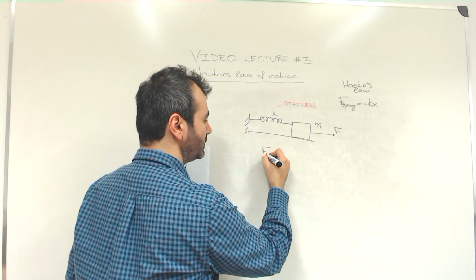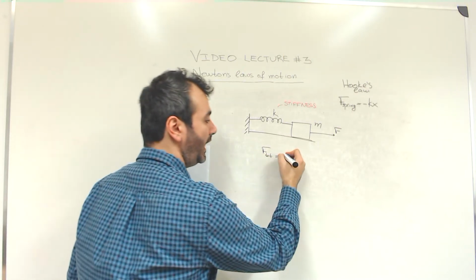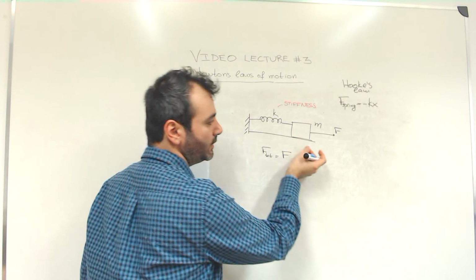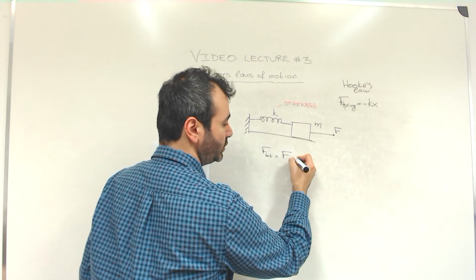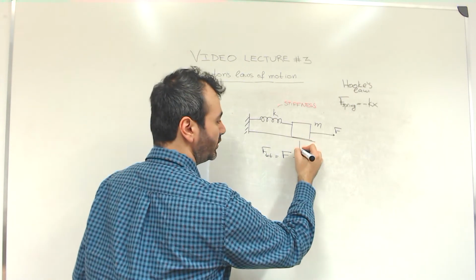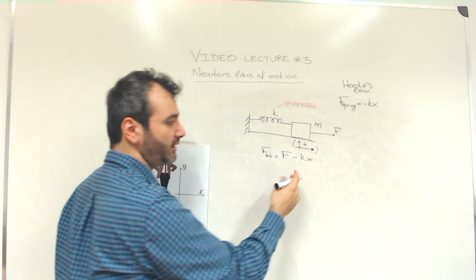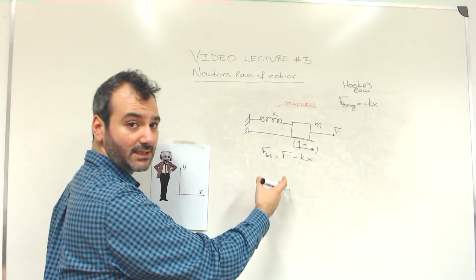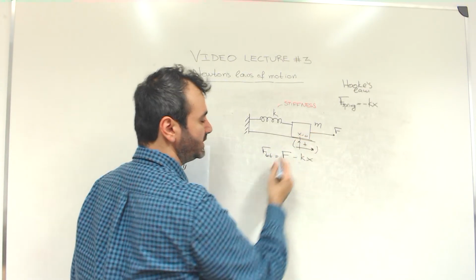The total force will be what? It will be our force, which makes the object move to the right, minus the restoring force, minus kx. Again, as before, I have placed the inertial frame of reference over here, so when the spring is at its natural length, it is at position x equals 0.